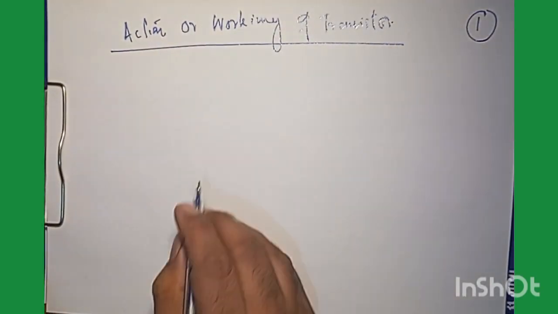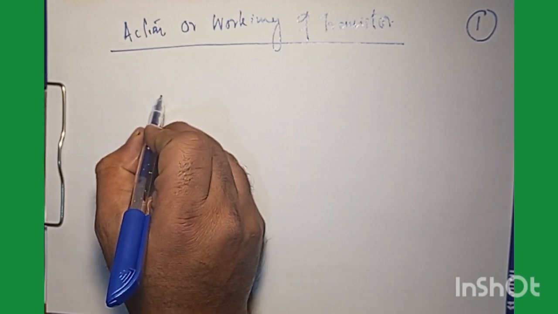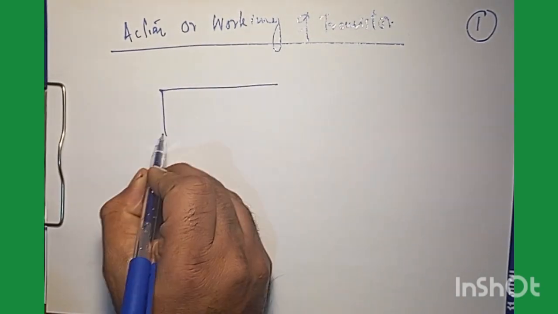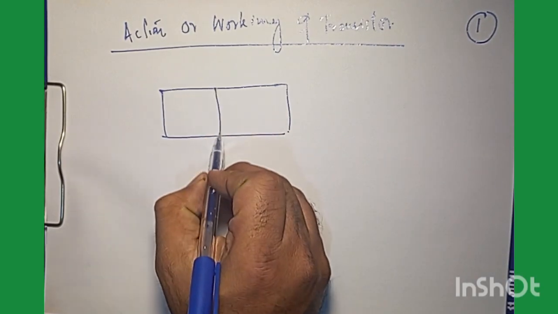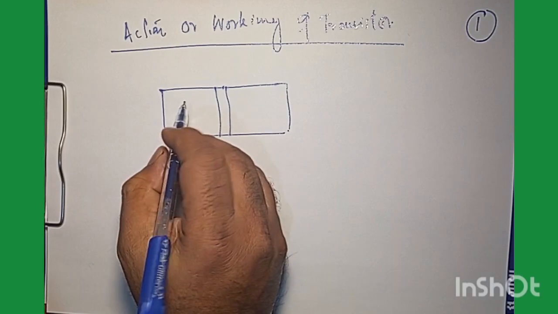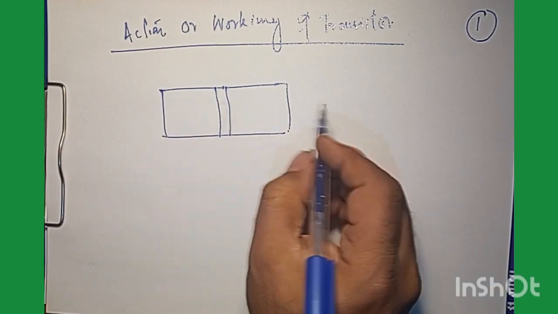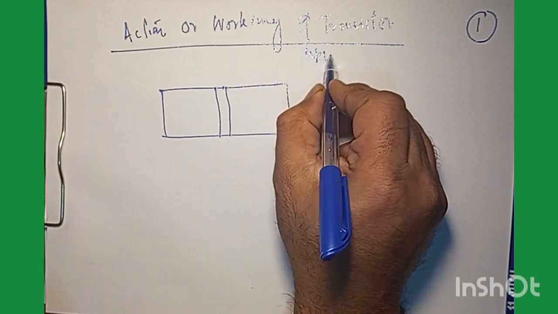Now, if I go back to the transistor, this is my transistor, and it has a base and an emitter. Let us assume that we are talking about an NPN transistor.